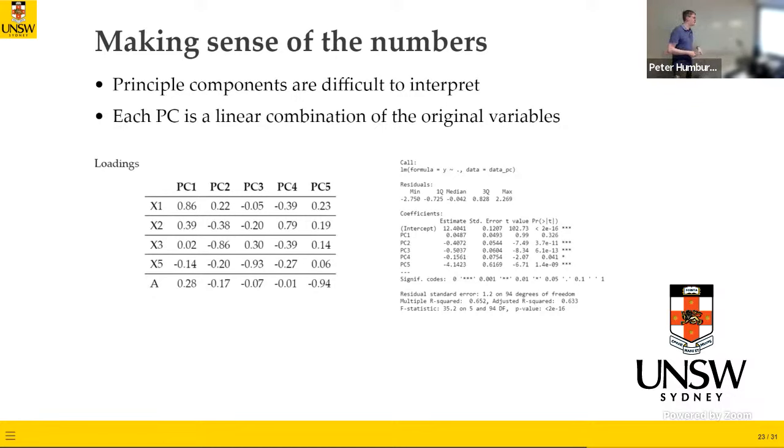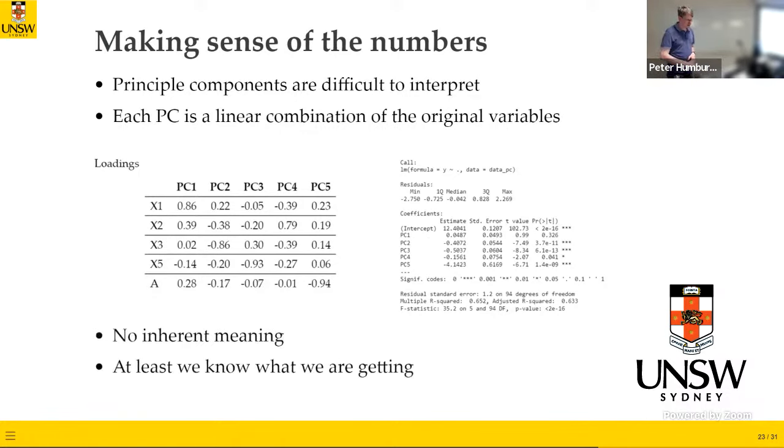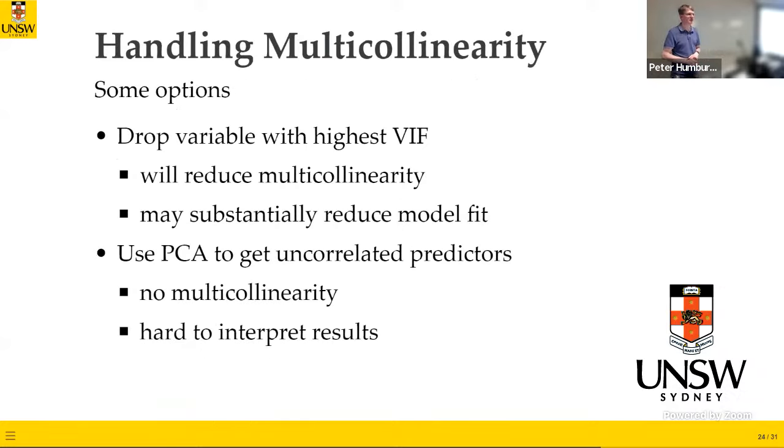But in most cases, looking at these and making sense of it is not really practical. If you are interested in going down this sort of route, you probably want to look at partial least squares, is what the method is called. It can be helpful in some cases, but yeah, it's a bit problematic making sense of it.